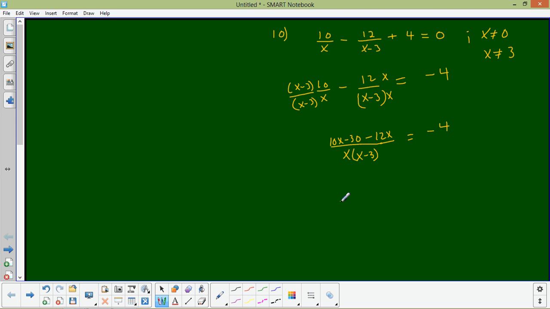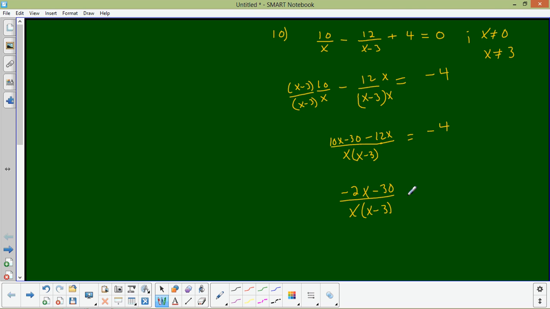The reason I'm doing that is I'm checking to see if, when I do the combination of the numerators, I have a chance of getting some factoring or some canceling to happen. I got minus 2x minus 30. They are both negative. They are both even.